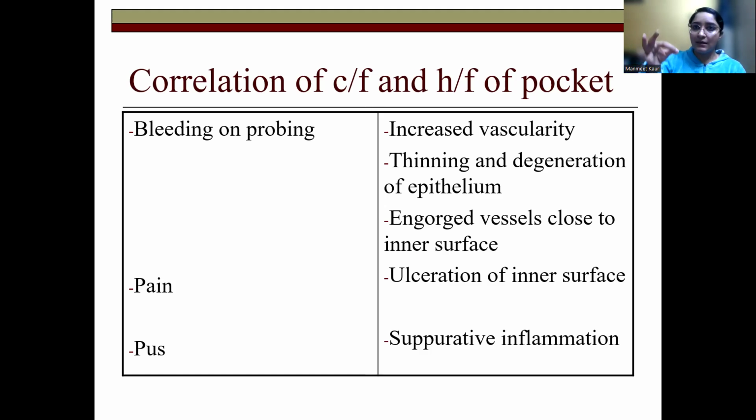Whenever the epithelium is thinned and degenerated, even a slight pressure of the probe causes bleeding, because the vascularity is increased and the epithelium there is already thin, degenerated and ulcerated. There are so many engorged vessels that with small probing and little force, it starts to bleed, because it's all ulcerated, with degeneration of the epithelium.